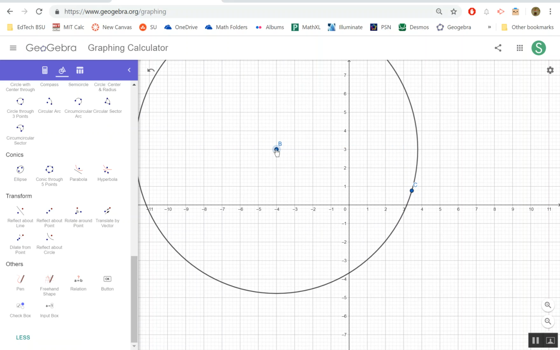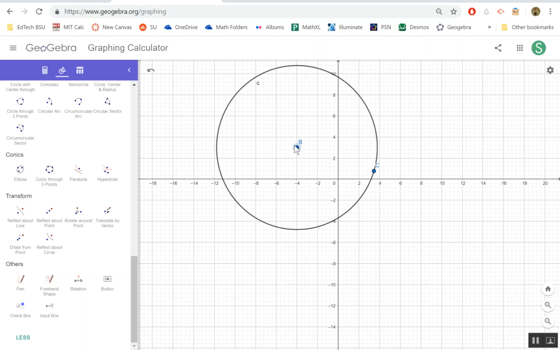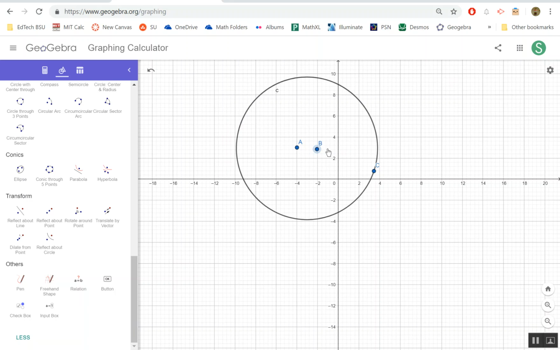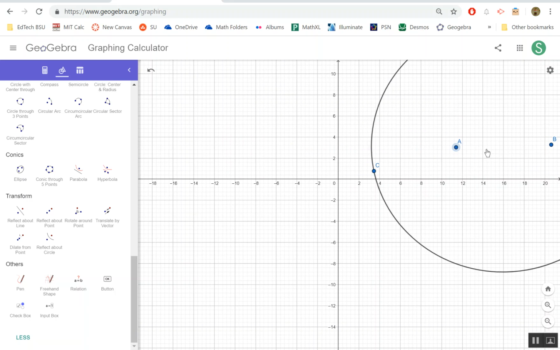In fact, if you put them on top of each other, you get an exact circle. A circle is actually a type of ellipse. But if you spread them really far out, the a value and the c value are almost identical. So that's the variation of the eccentricity.